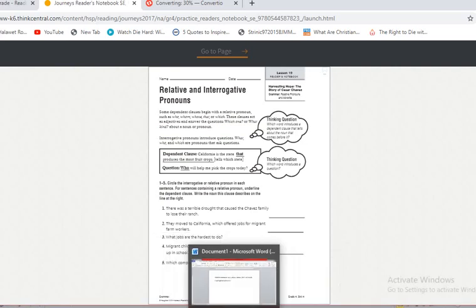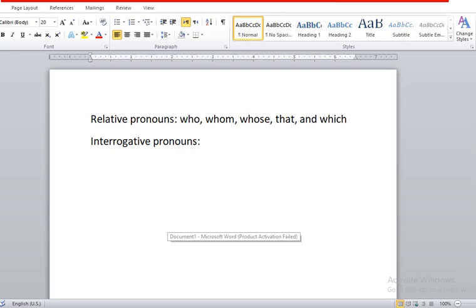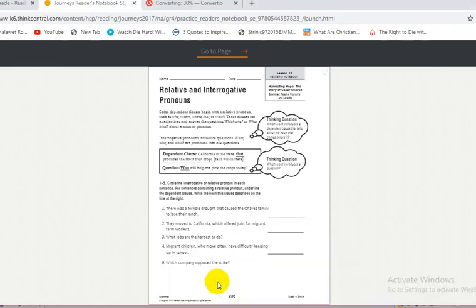So we have who, what, and which as interrogative pronouns, right? Because they're interrogative. They ask a question. So let's see the examples.